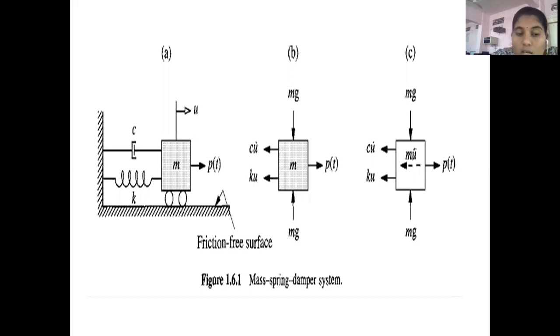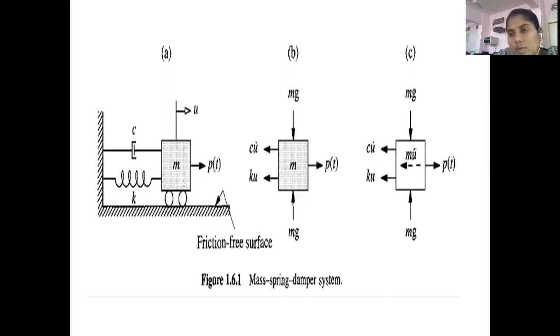Okay, you should understand when we have to take the C parameter, and when we have to take the parameter P of T. तर लक्षात घ्या, P of T हा जो पॅरामीटर आहे तो कशासाठी आहे, तर P of T, this parameter is only for the external forces, that is for the forced vibration.